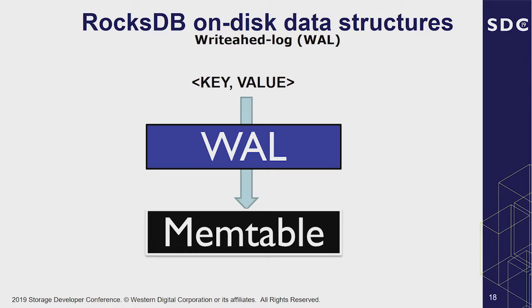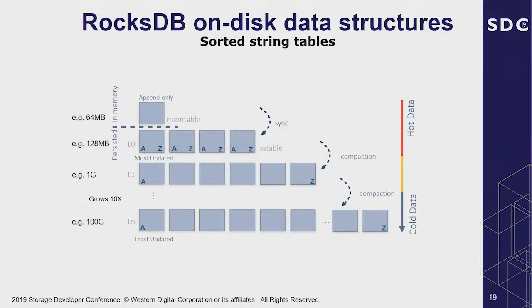So once the key value has hit a mem table and the mem table has reached a certain size, it will be flushed down into a sorted string table on the disk. And through compaction, several sorted string tables of lower levels will be compacted into higher level sorted string tables.